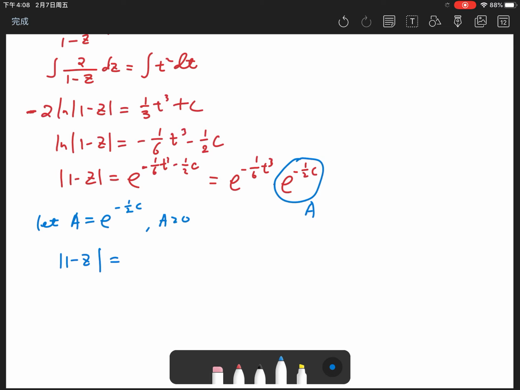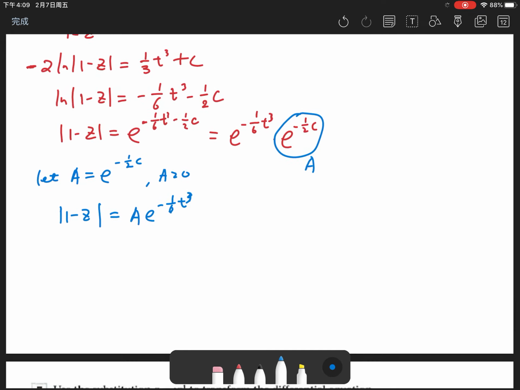So we get the absolute value of 1 minus z equals a times e to the power of negative 1 over 6 t to the power of 3. Finally, 1 minus z equals plus or minus a times e to the power of negative 1 over 6 t to the power of 3.